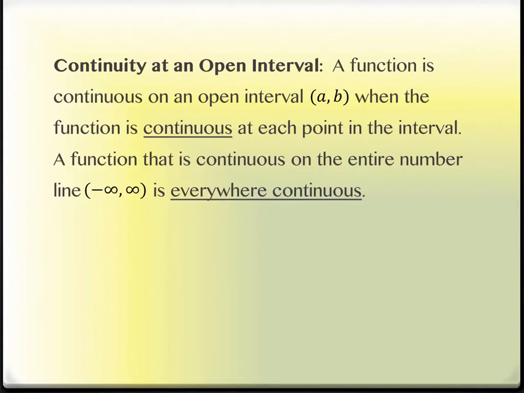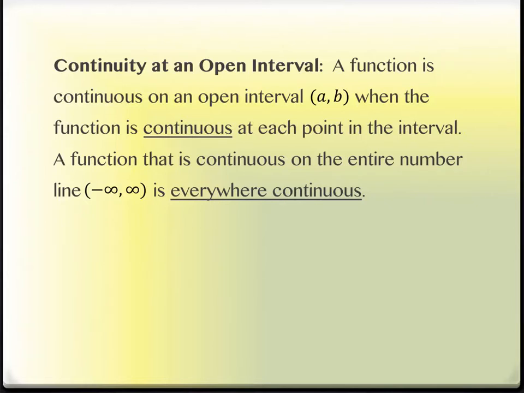You'll also sometimes hear the phrase continuous on its domain. It simply means that at all the x values that exist, it's continuous at those x values. It doesn't give you the negative infinity to infinity business, because you could have an asymptote or something like that and it's still continuous on its domain. Continuous on its domain is another phrase that we'll see pop up from time to time.